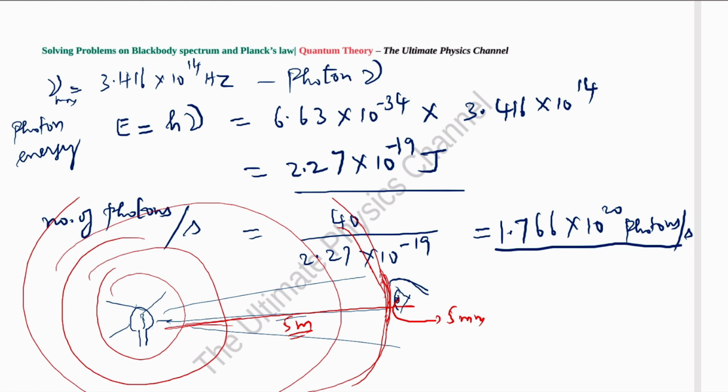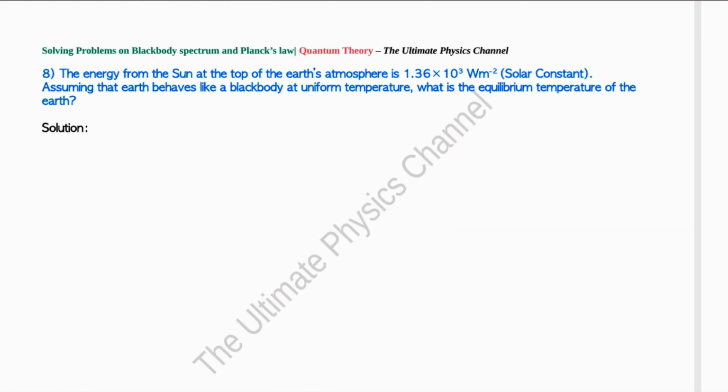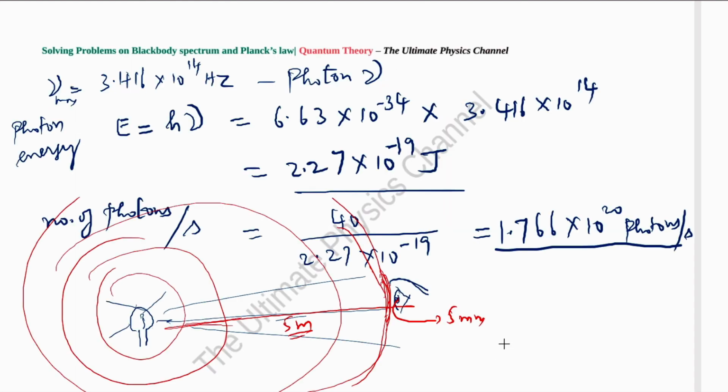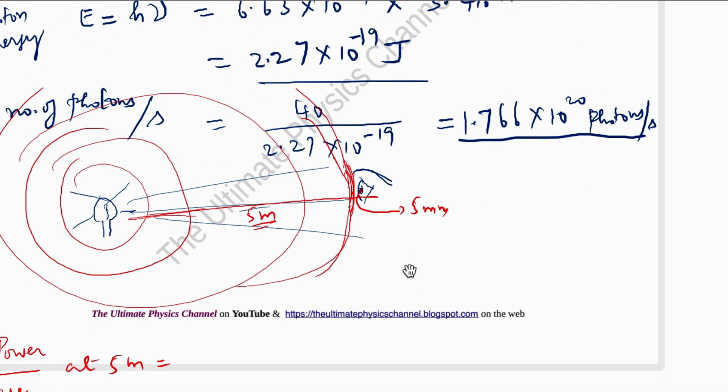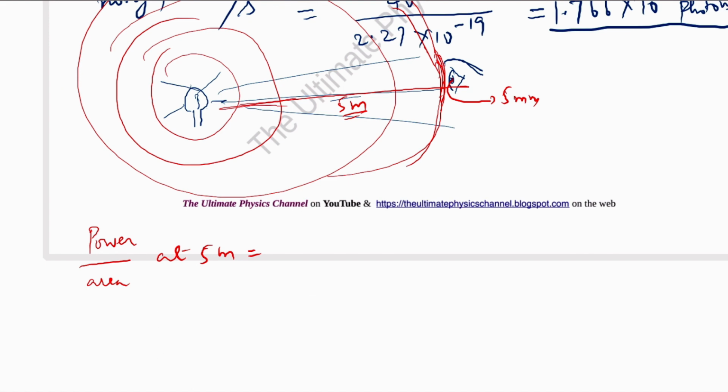So if you do that, what we can write down here is, let's say, the power per unit area radiated at 5 meters. Sorry, we don't even need power per unit area.